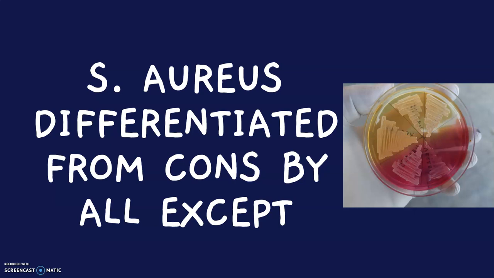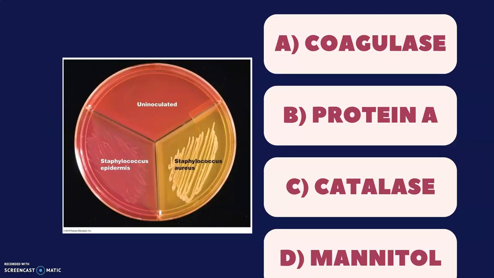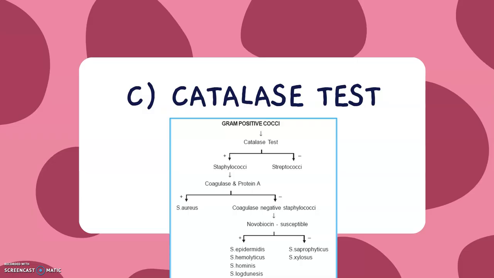Next question is, Staphylococcus aureus is differentiated from coagulase negative Staphylococcus by all except. The options are coagulase, protein A, catalase, or mannitol. So Staphylococcus aureus and coagulase negative Staphylococcus can be differentiated by which of these tests? Except. The exception is catalase test.